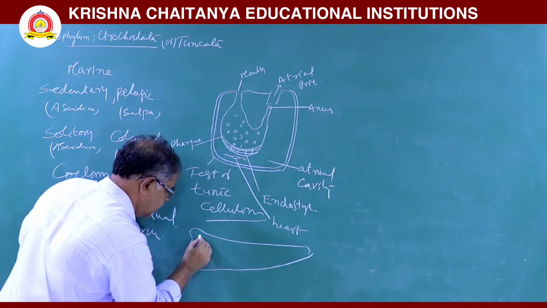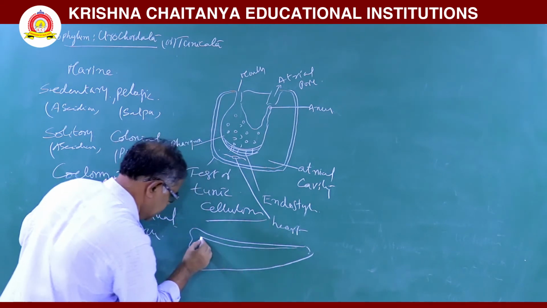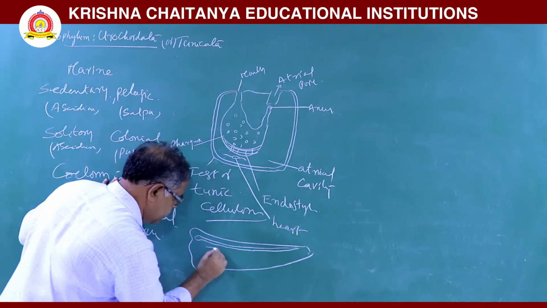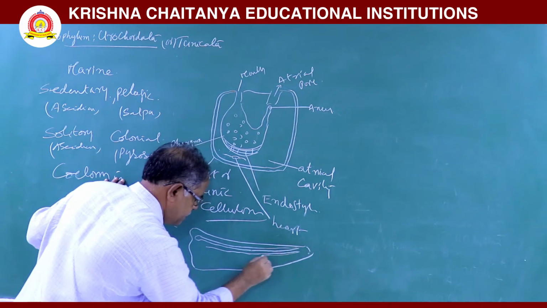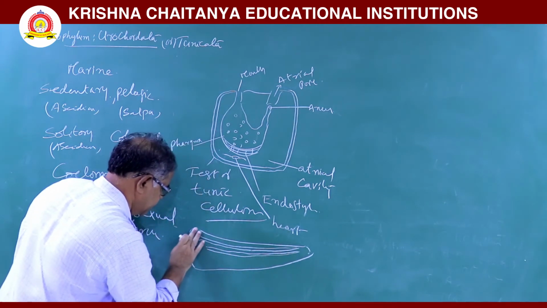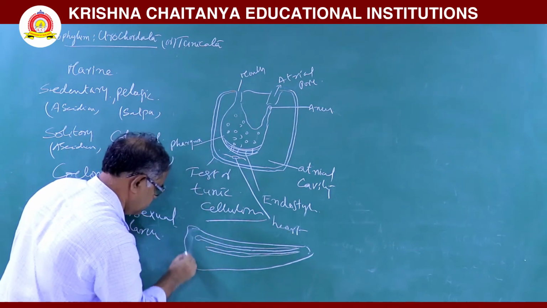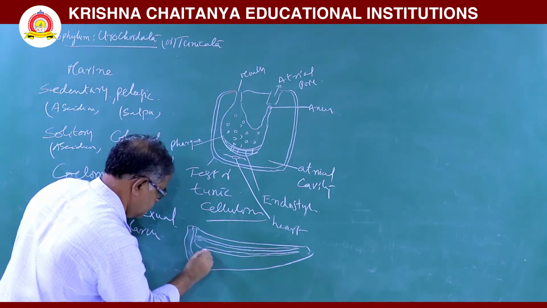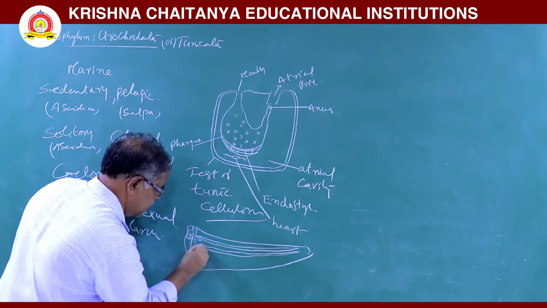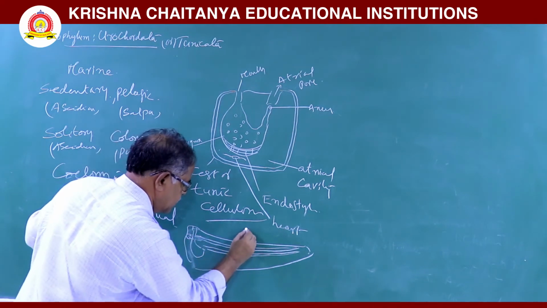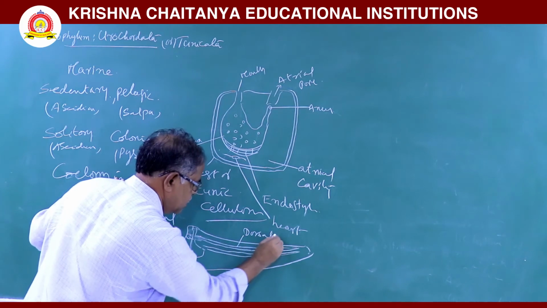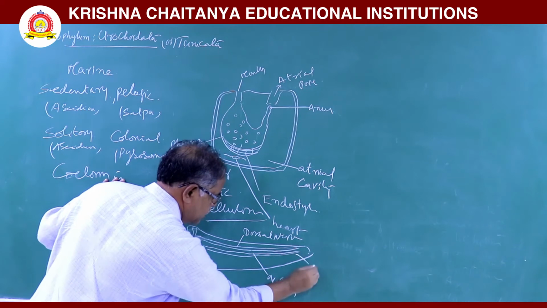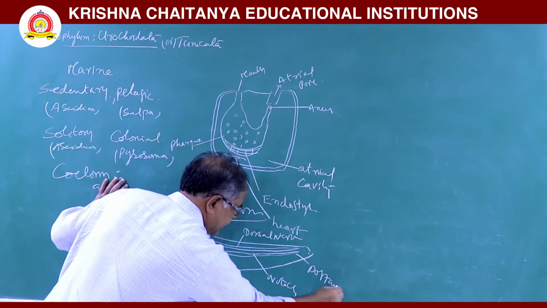This tadpole larva possesses all chordate characters. That means it possesses a dorsal tubular nerve cord, it possesses this endostyle. This is a dorsal nerve cord, this is a notochord, this is a post anal tail.